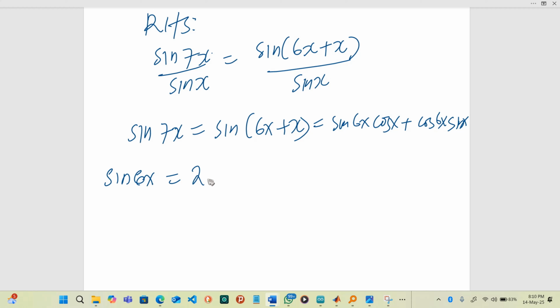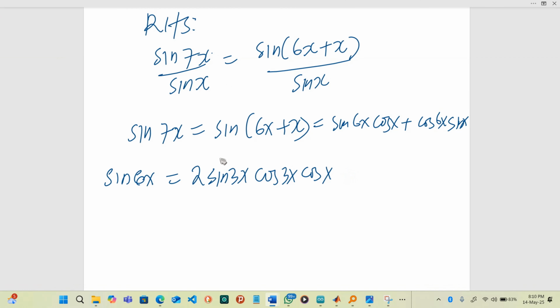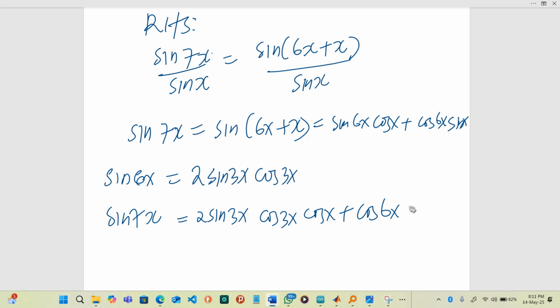This is the same as 2 sine 3x cos 3x. So now we add it in here, so we look for sine 7x. This is equal to 2 sine 3x cos 3x, then cos x plus cos 6x sine x.